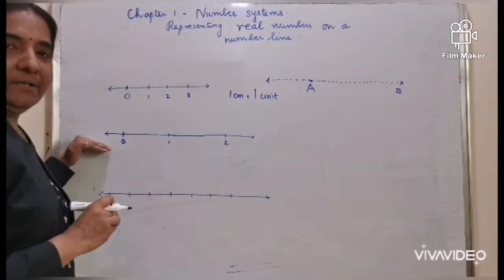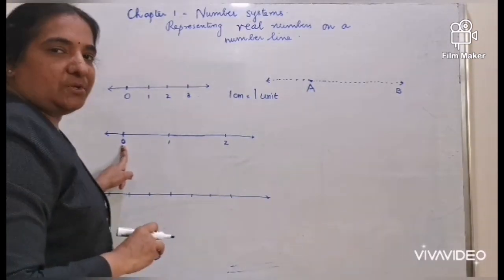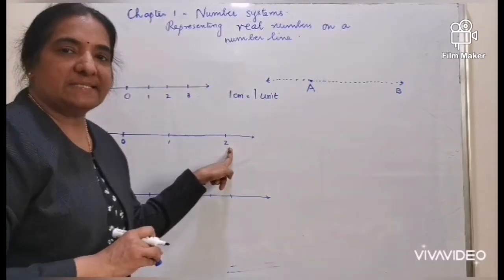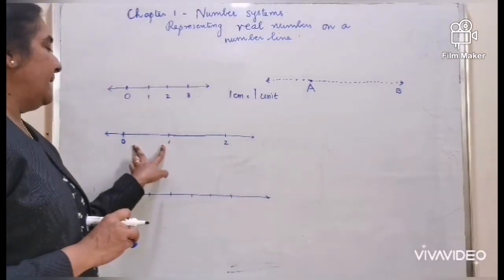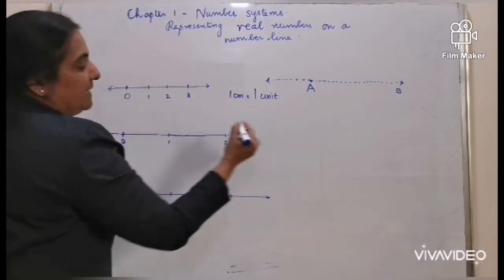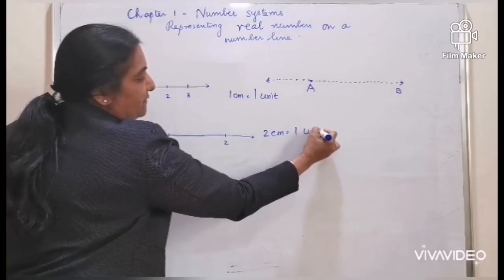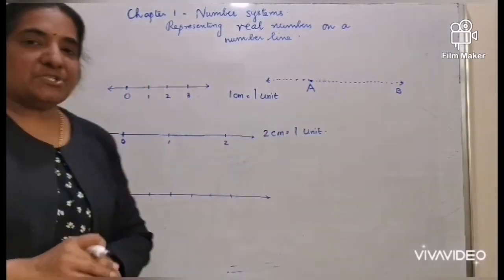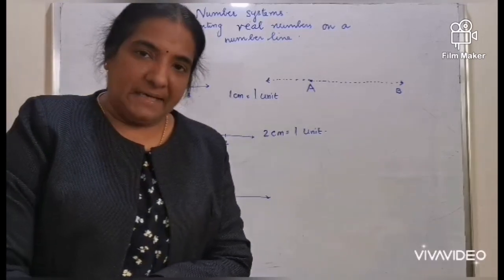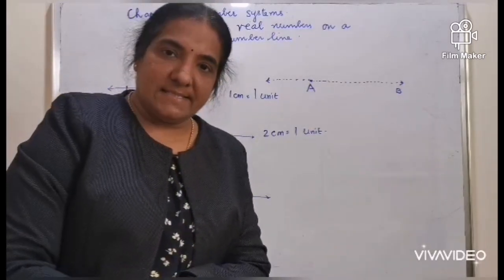In this number line, you can see the fixed position as 0. The points are slightly apart, but still they are at equal distances. Maybe 2 centimeters you have considered here as 1 unit, which means that when you plot numbers on a number line, the points should be at equal distances.